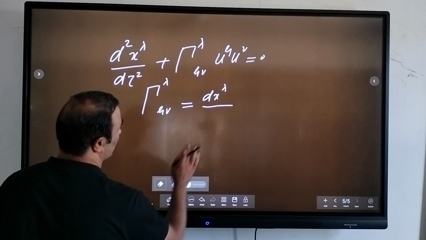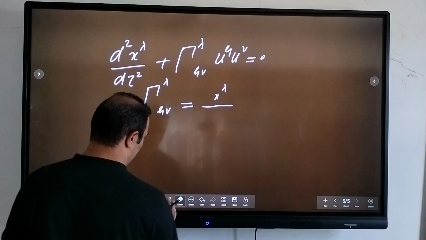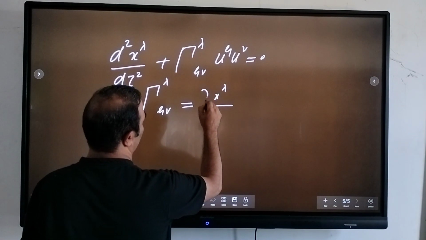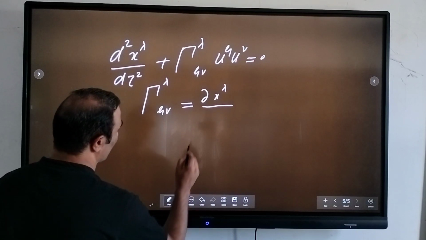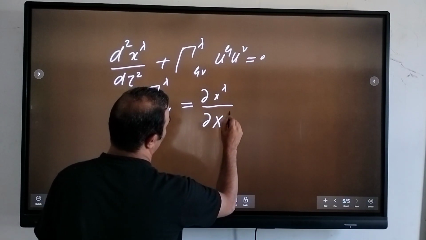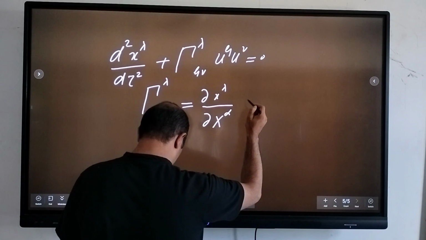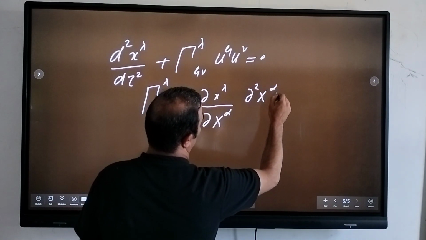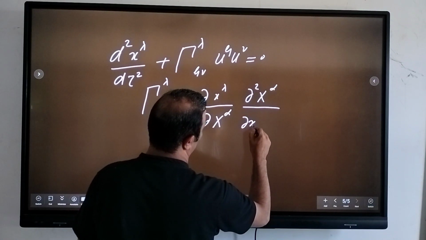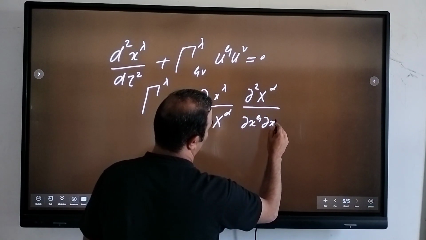Okay, so we'll write it partially because we have this expression. Let me write it here, partial x lambda by partial x alpha, and the second term is partial 2 x alpha by partial x mu partial x nu.